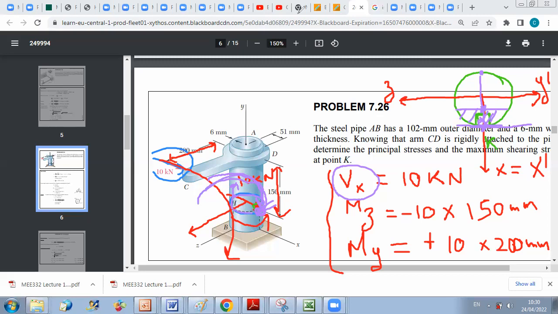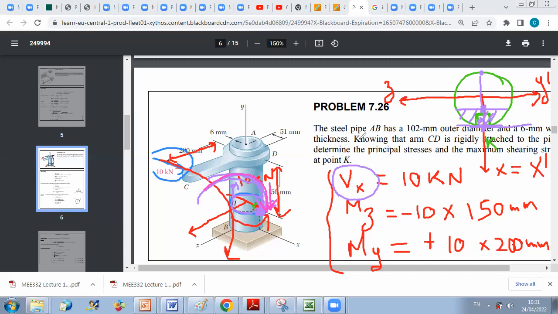So the bending moment will compress K, resulting in normal stress along the negative y-axis depicted here. And therefore, if I consider my figure, I can say that at point K I have a compressive effect.